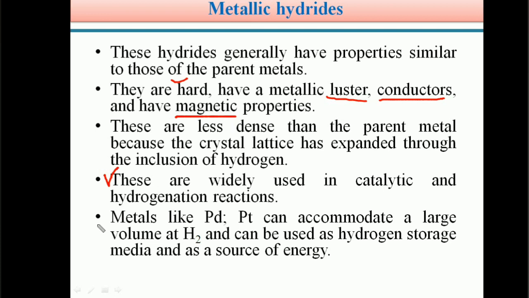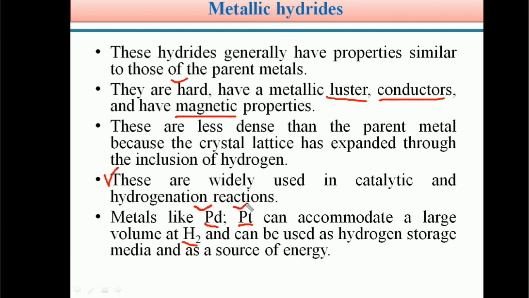Next, metals like palladium or platinum can accommodate a large volume of H2 gas and are used as hydrogen storage. Generally, metals like palladium or platinum can accommodate a large amount of hydrogen gas on the surface of the metal.